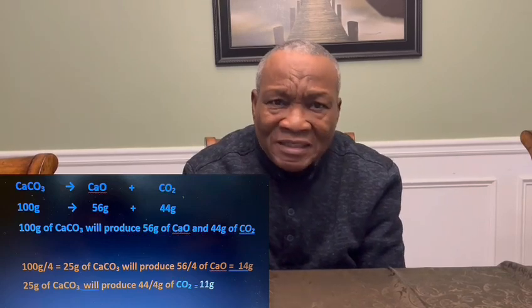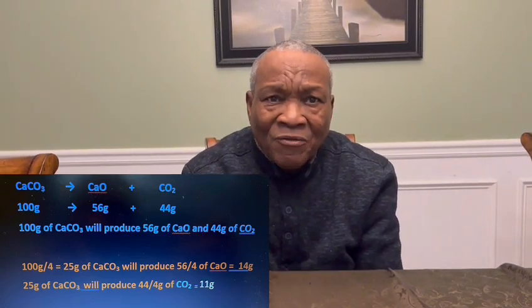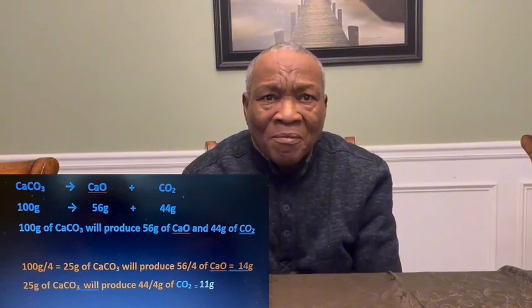And since we have 3 atoms of oxygen, we have to multiply that 16 by 3 to give you 48. So we are now going to add 40 plus 12 plus 48, which gives you 100. And that is the molecular weight of calcium carbonate.